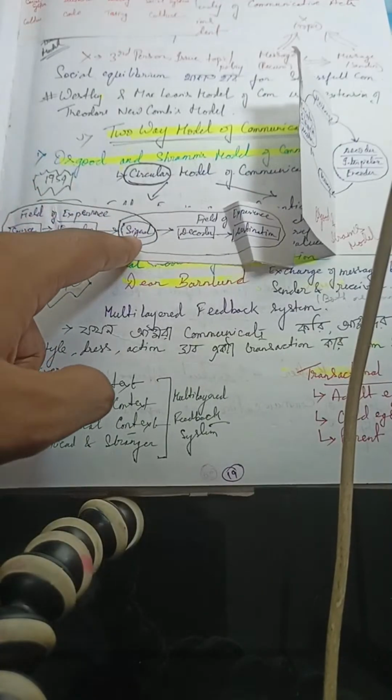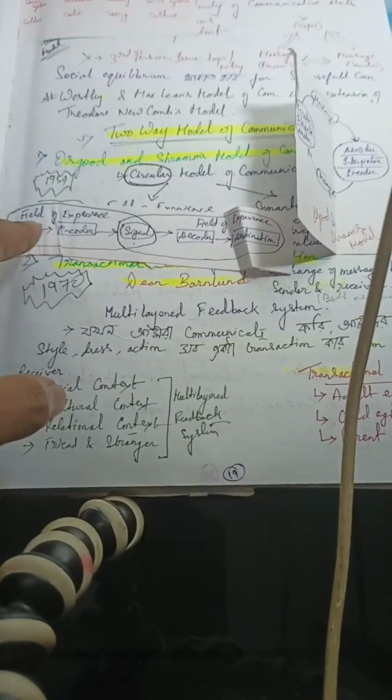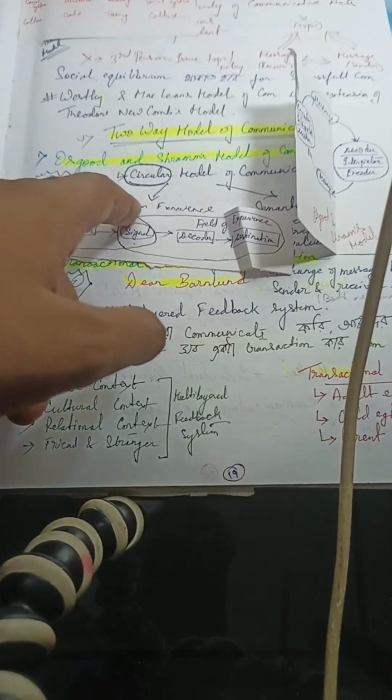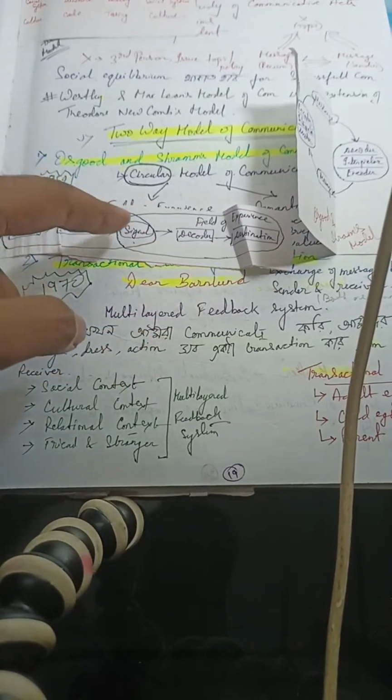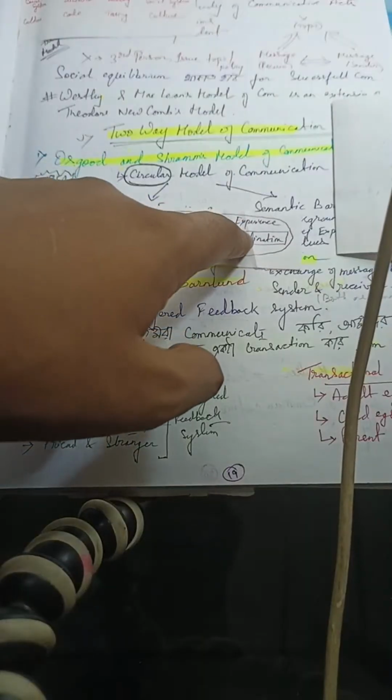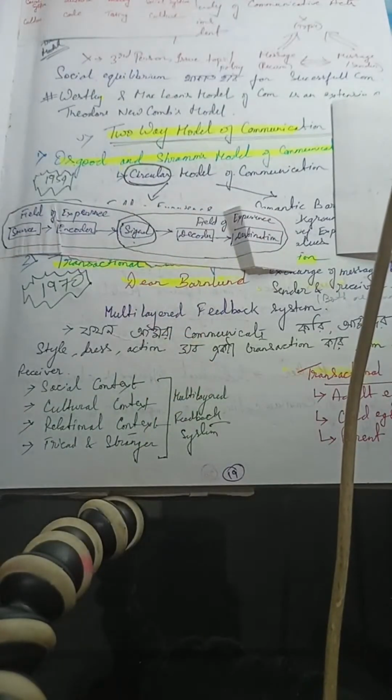They are talking about a common field of experience. Suppose there is a source, an encoder, a signal, overlapping a common field of experience. And again we have a decoder and a destination. That means this model is the upgraded version of the previous research works.